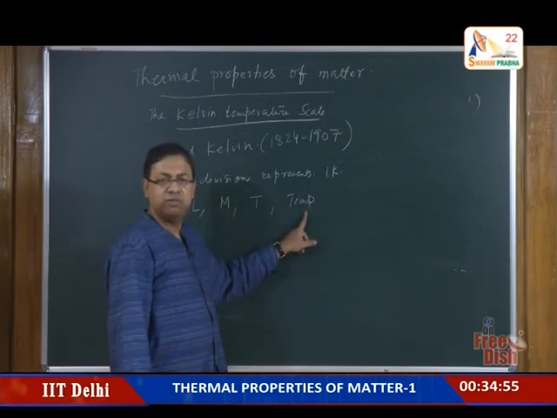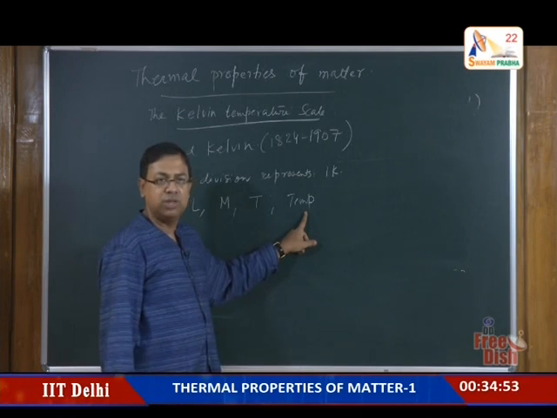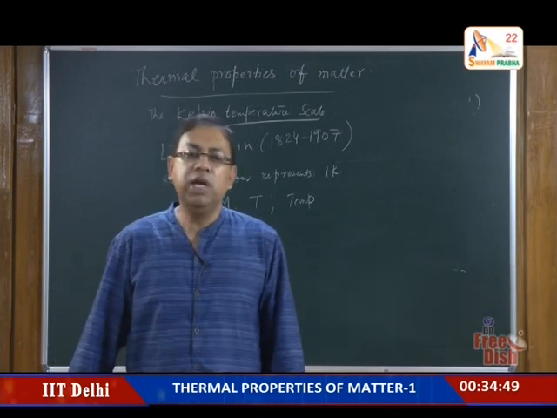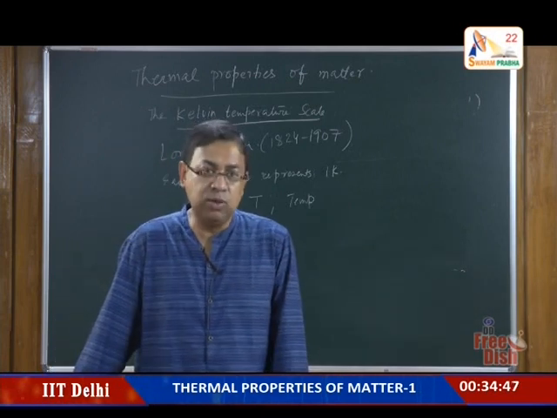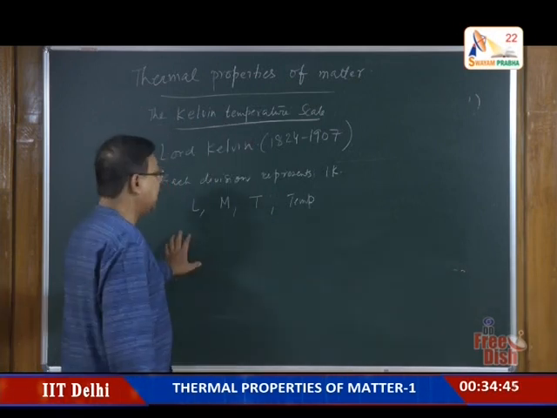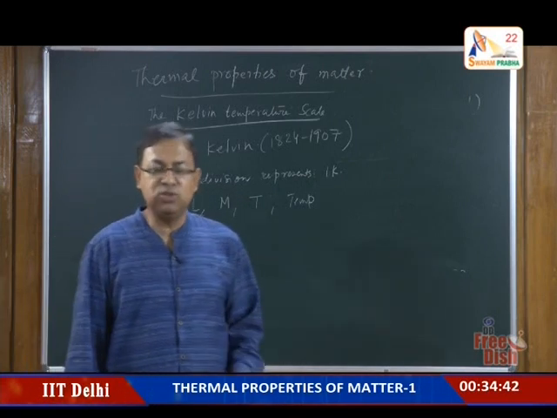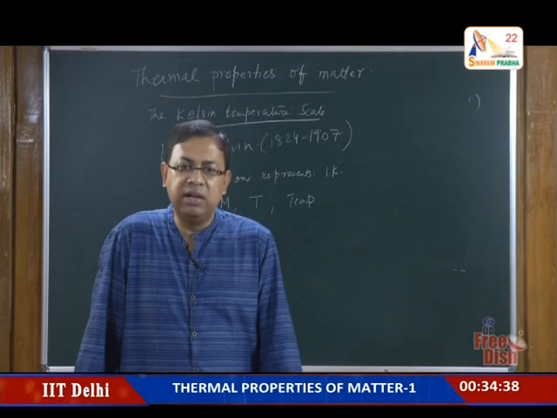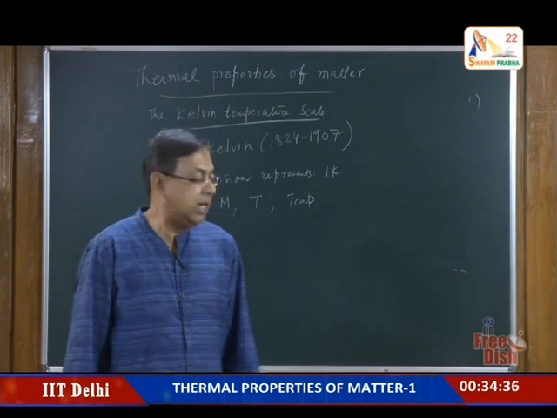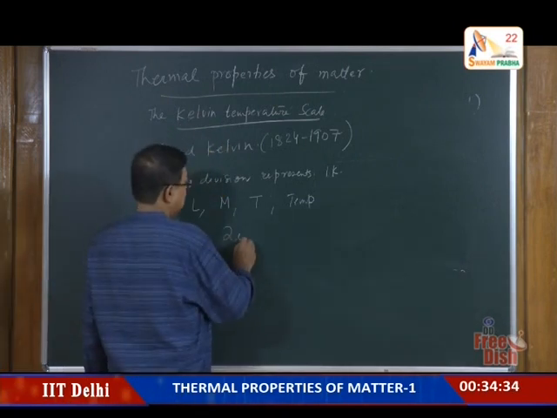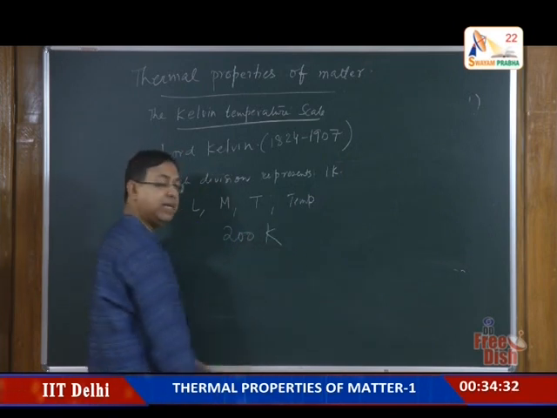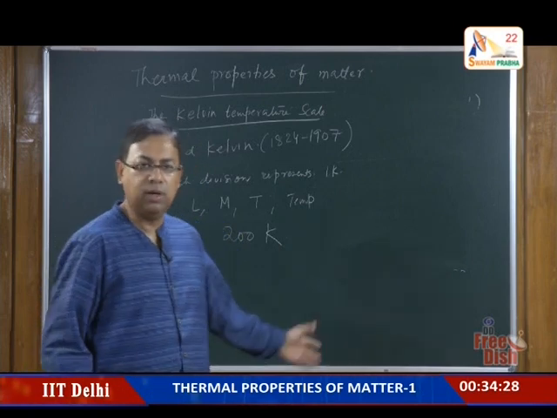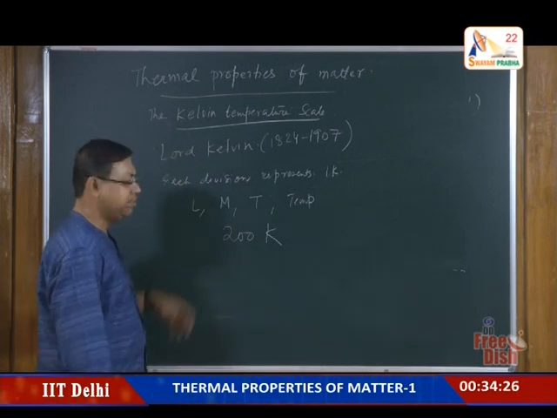So you have to have another one, temperature, as a base unit for temperature in the SI system. So that's why it's not degree Kelvin, it's simply Kelvin. So when we quote a number, say 200 Kelvin, we simply say 200 K with the capital letter K, where K is after its inventor Kelvin.